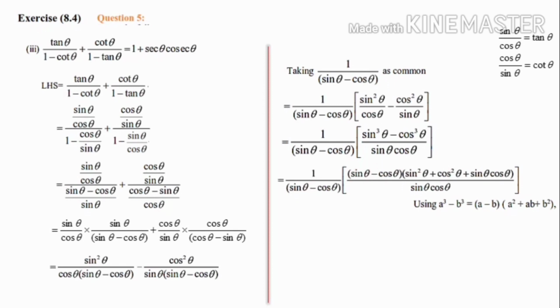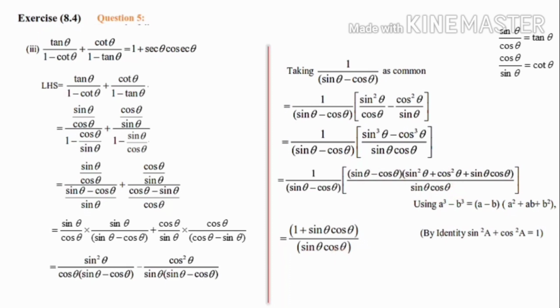And again, by using the identity we can write sin square theta plus cos square theta as 1. So the numerator becomes 1 plus sin theta cos theta. That is already cancelled with the denominator, and in the denominator the balance is sin theta cos theta.